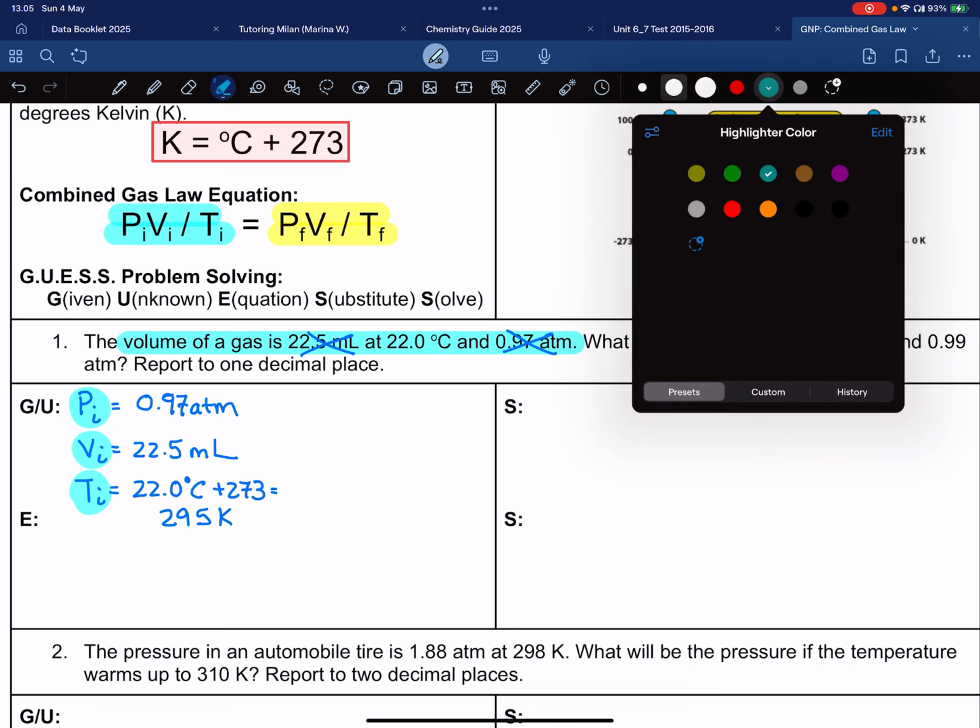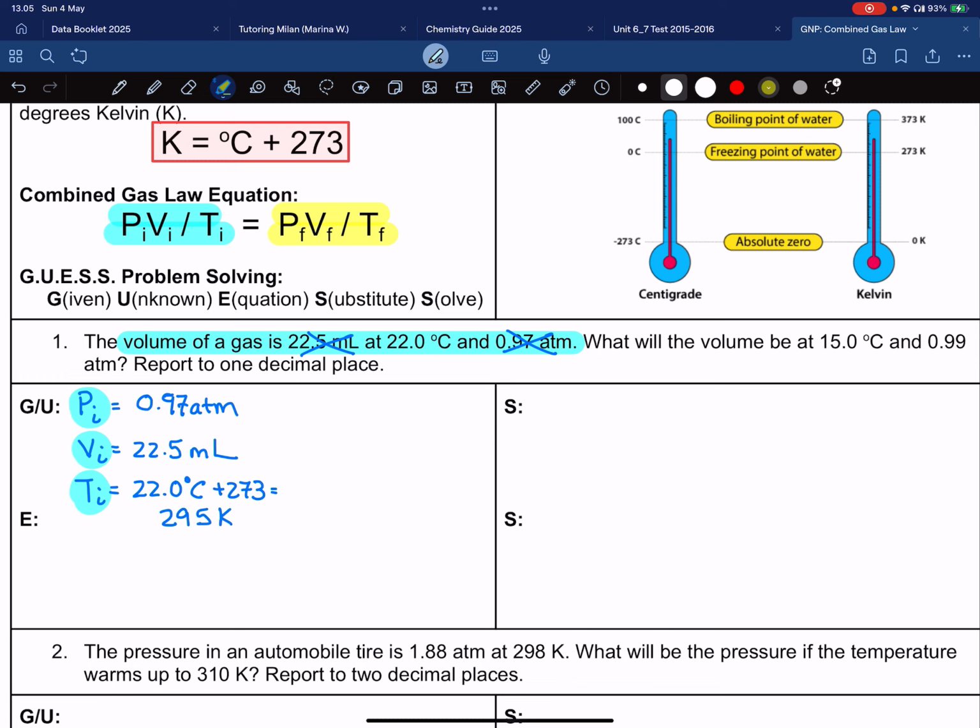So we continue to read the problem. What will the volume be at 15 degrees Celsius and 0.99 atmospheres? You're supposed to report to one decimal place. So PF for final, VF for final, TF for final. Some of those will be given, one will be your unknown. What will the volume be? Well, there's my unknown.